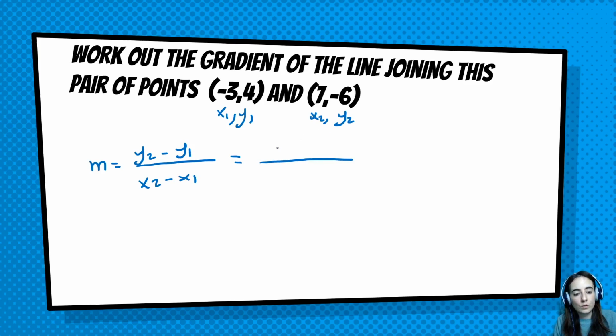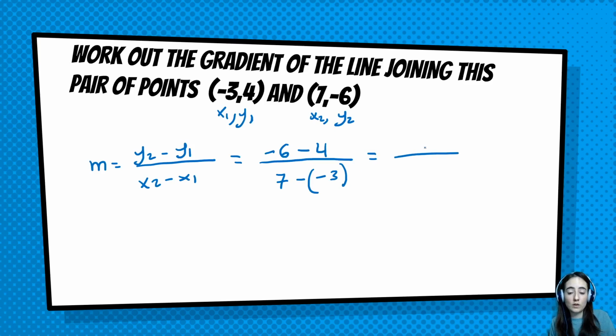Okay, y2 is minus 6. Then we have minus, our y1 is 4. x2 is 7. Minus, our x1 is minus 3. Brackets. Didn't forget. Let's look at the top. Minus 6 minus 4. Negatives going the same direction, therefore you add them and keep their common sign.